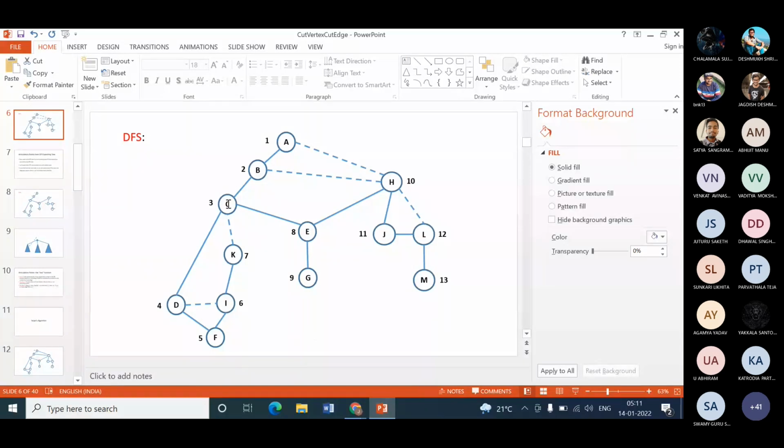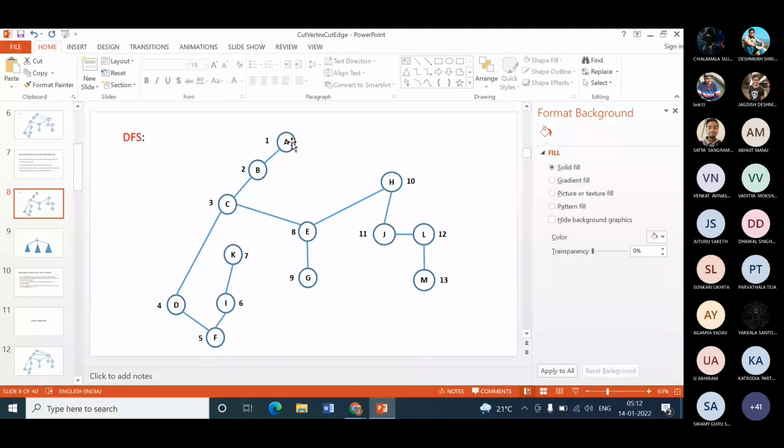जैसे, say for example, in this graph B is not a cut vertex. Why is it not a cut vertex? B का child कौन है यहाँ पे मैं देखूं.